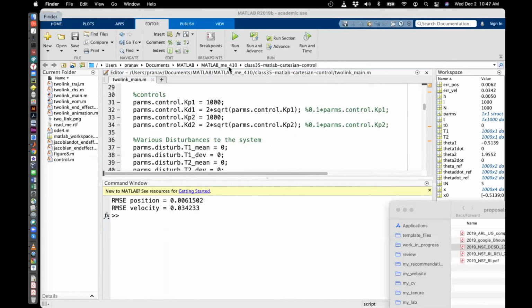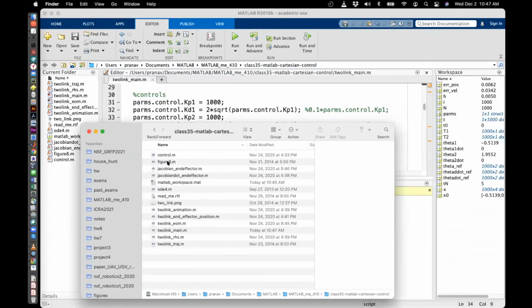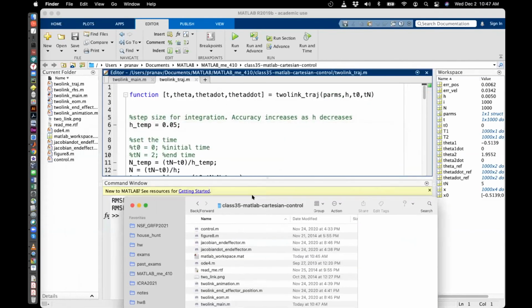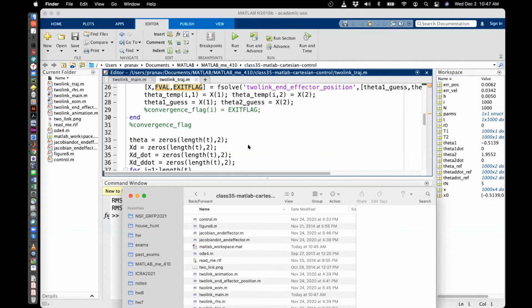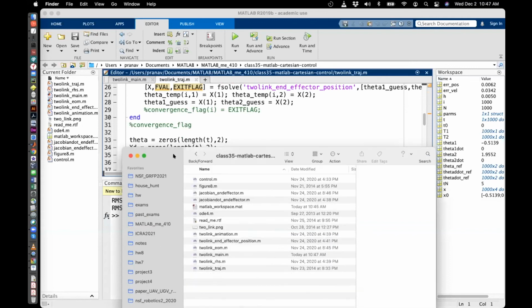Okay, so how did I do this? Well, a few files here. The file which generates the trajectory is right here, which is again based on the same idea: you find the fifth order polynomial and find the constants by differentiating the values.